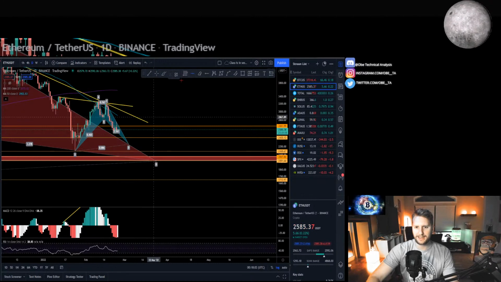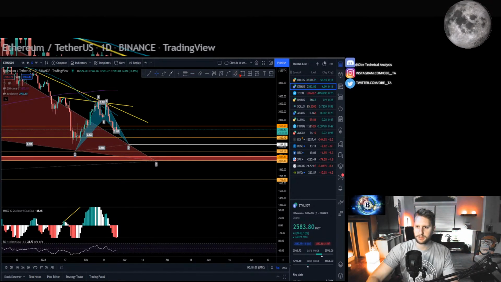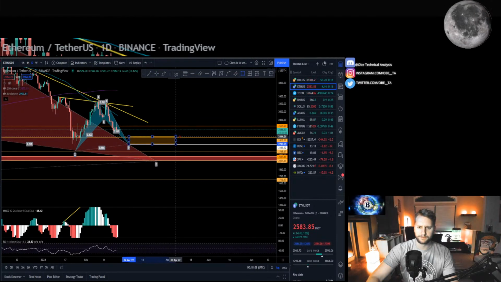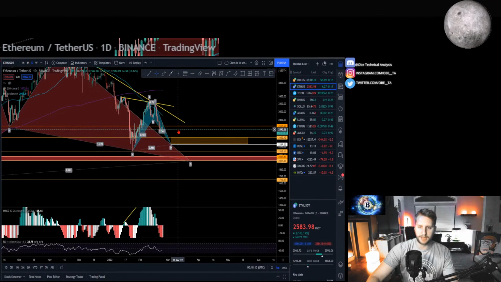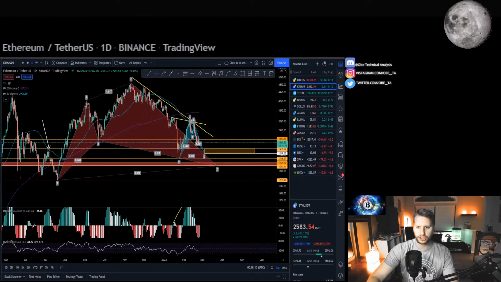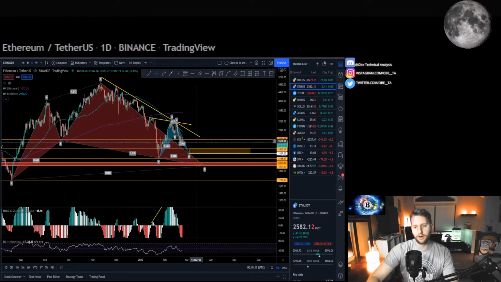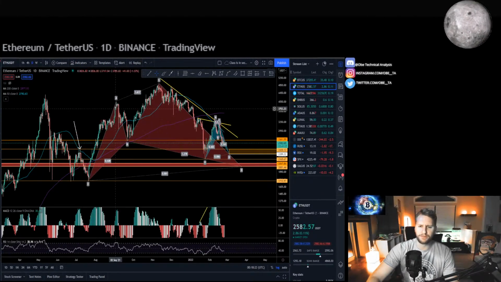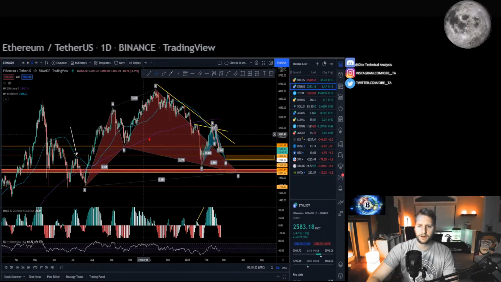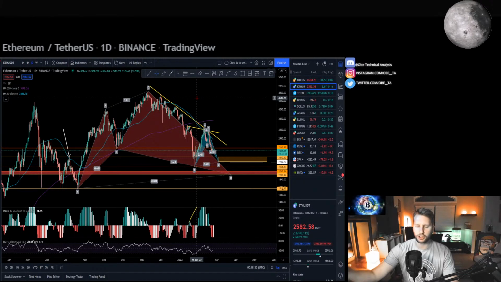somewhere in this, we could see some kind of reaction. Does that mean that that's going to be the bottom where we reverse the trend overall? No, it might just be a little reaction, whatever it does, just something to keep an eye on. But this bullish arc, this is the type of harmonic structure that can usher in a true trend reversal.